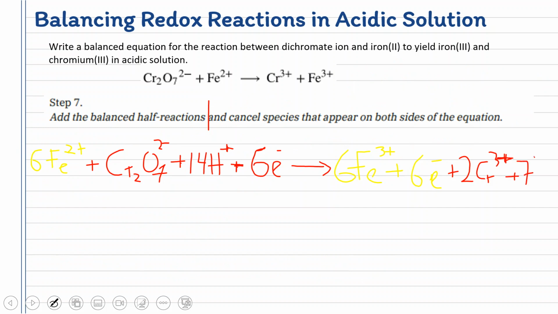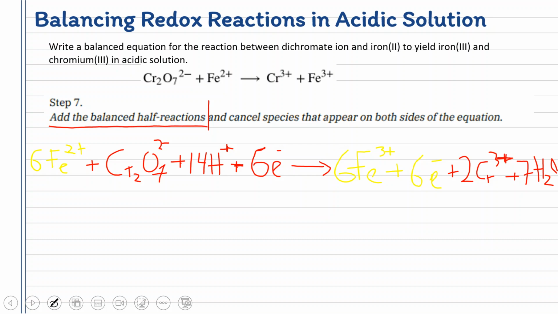So we almost made it. Plus 7H2O. So this is the final equation. We just follow step 7. The first part says to add the balanced half reactions together.